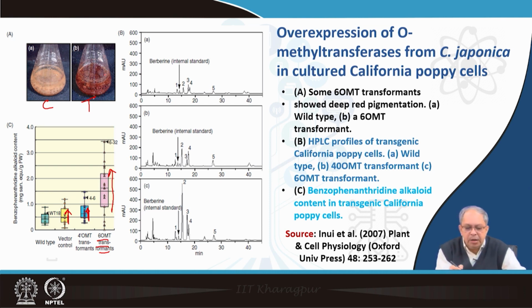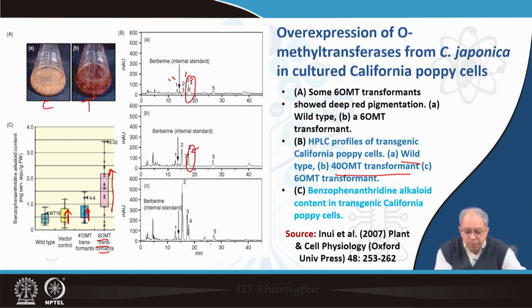So, this is basically the HPLC analysis of the transgenic poppy. So, A is the wild type. So, here these are all the compounds, and B is basically the 4-OMT transformants. Okay. So, here the increase is marginal when you compare these 4 with these 4 or these 2 with these 2. So, the increase is there, but slight.